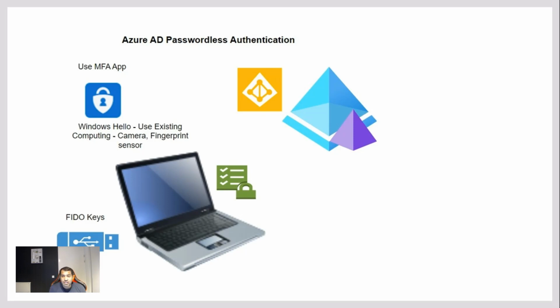By using these FIDO keys, the device will be used to authenticate using a simple password, for example a four-digit PIN, or by pressing a button. This gives you a device-centric model, and the authentication happens using public key cryptography, which uses an asymmetric algorithm. This is really good if you're using the trusted platform module and the FIDO keys.